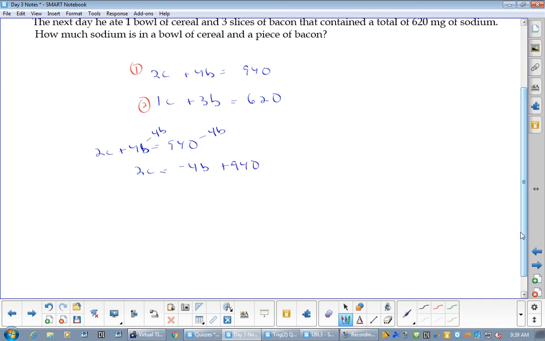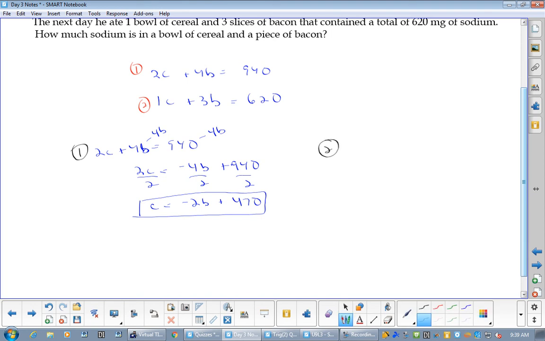Okay, what's always been the next step? Divide by 2. So C will equal negative 2B plus 470. Okay, that's equation 1.